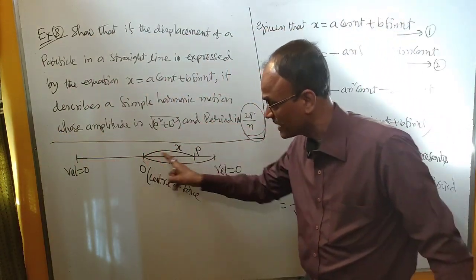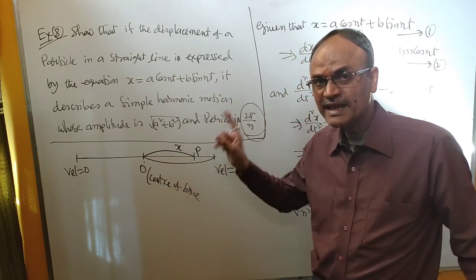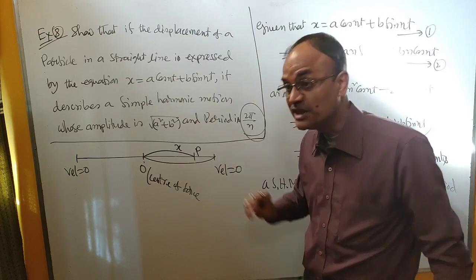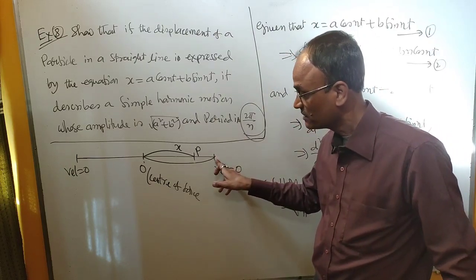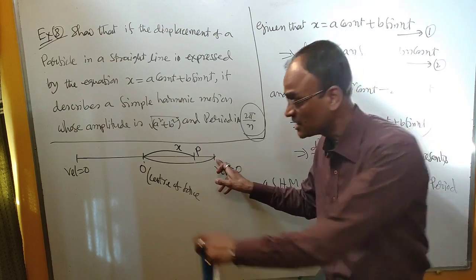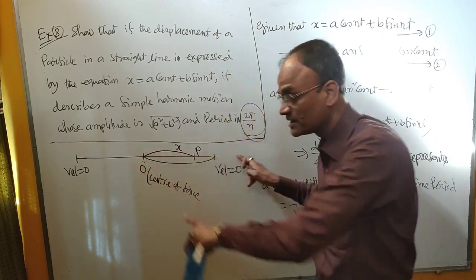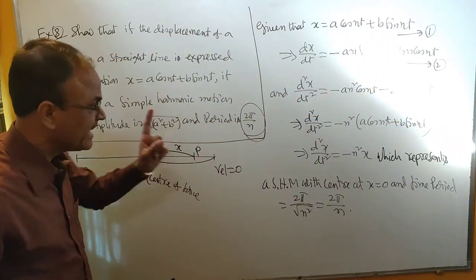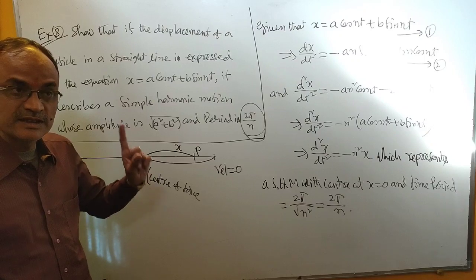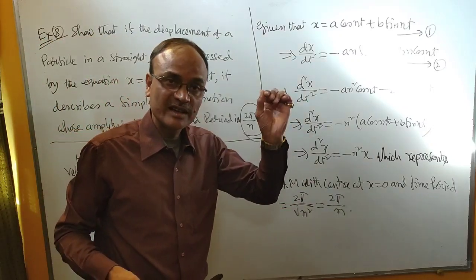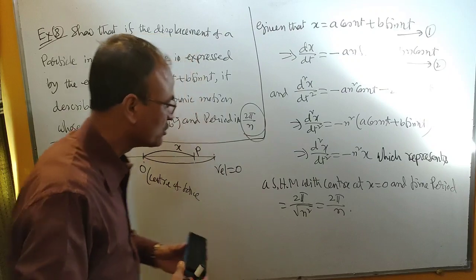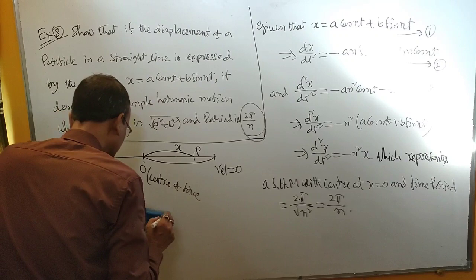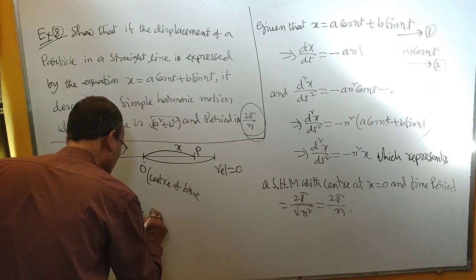We have to find the amplitude of motion. Amplitude is the distance from the center of force where the velocity is 0. Therefore we can say that x is the amplitude of motion where the velocity of the particle is equal to 0.